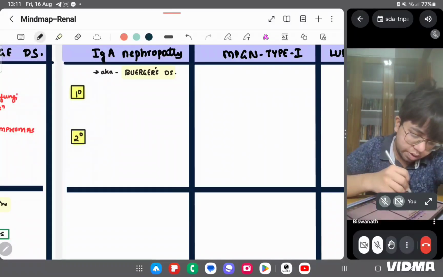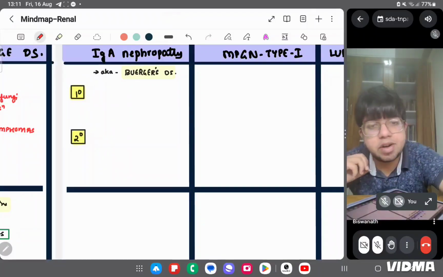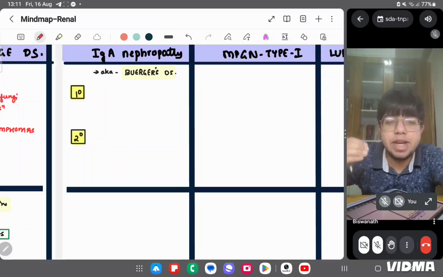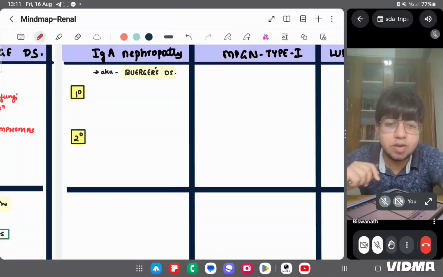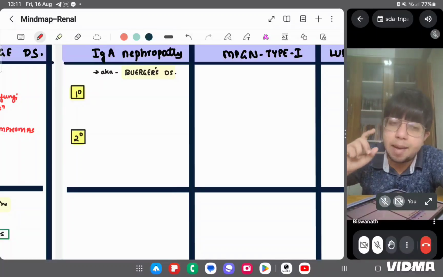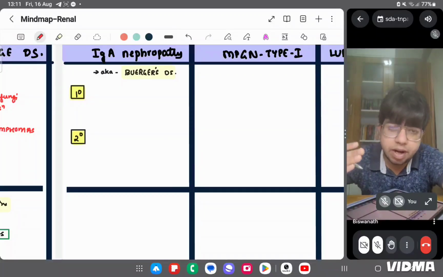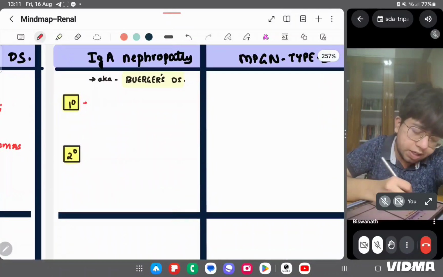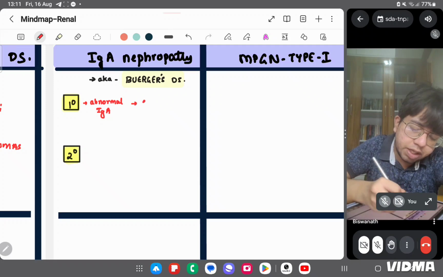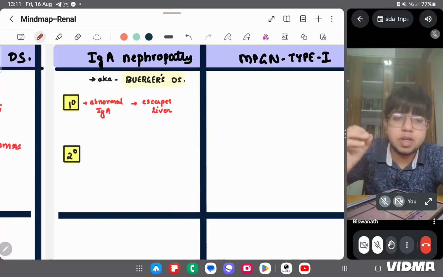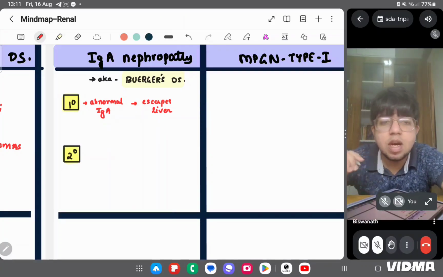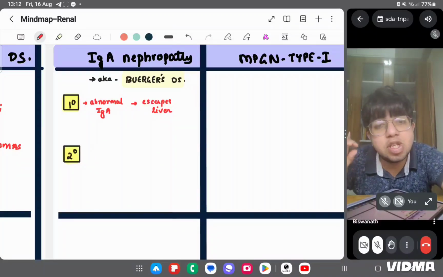The primary etiology is that a glycated, abnormal IgA molecule is produced, which escapes the removal system of the liver, so it is not removed by the liver. It can deposit in the smaller vessels, only in the glomerulus, or it may have systemic involvement also. Systemic involvement is called Henoch-Schonlein purpura.